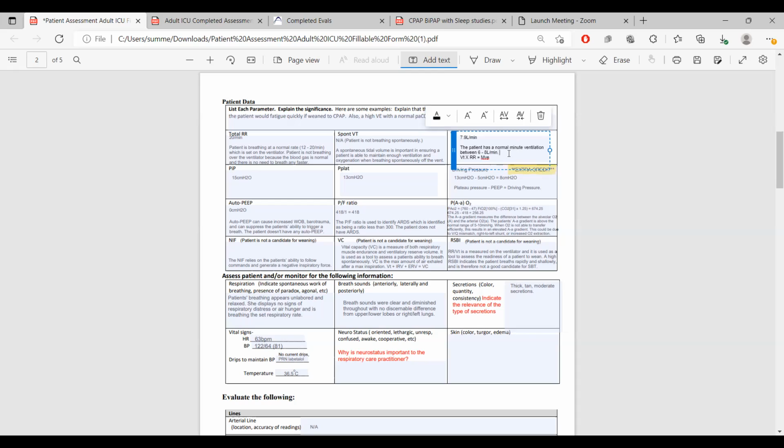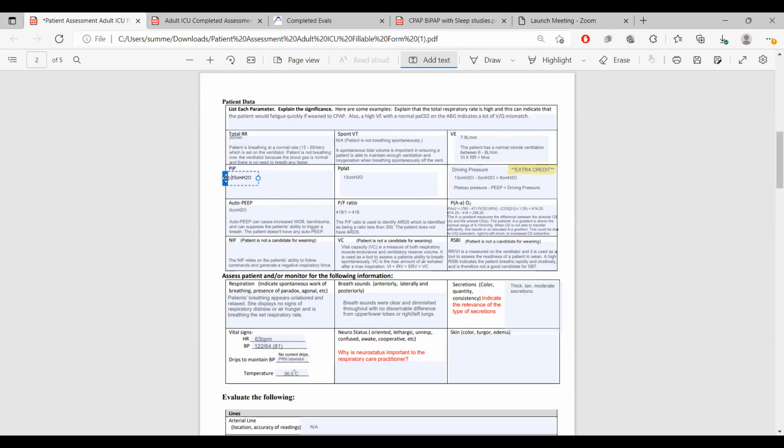I guess the normal minute ventilation is important because if they have a super high minute ventilation, then their respiratory muscles would tire after a while and they might become apneic. Yeah, very good. Should I write something like that? Yes. Okay, I understand then.